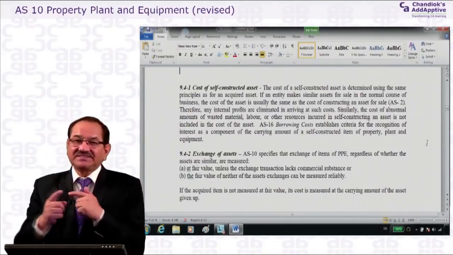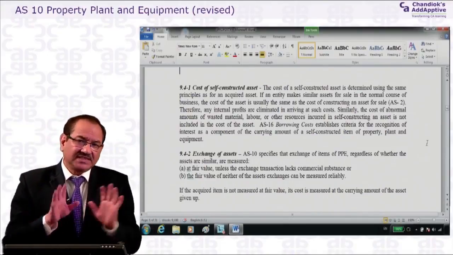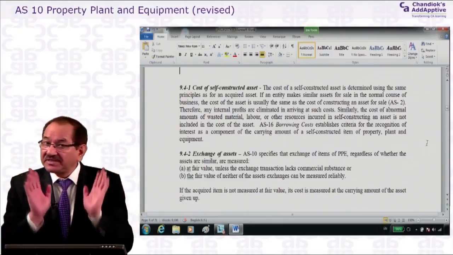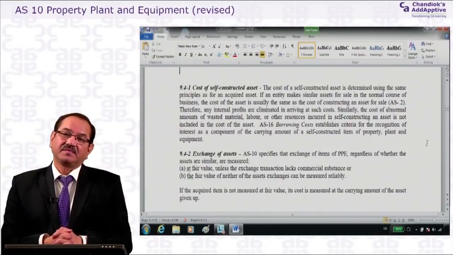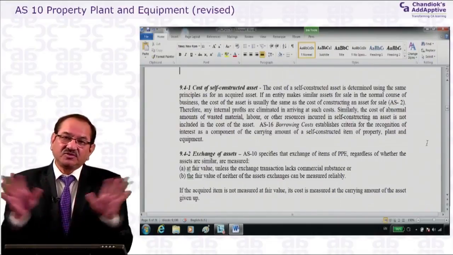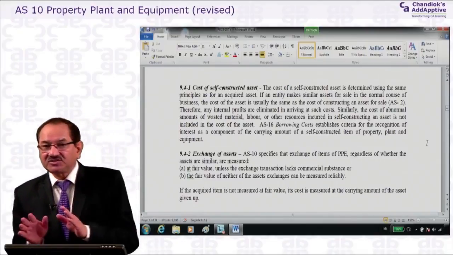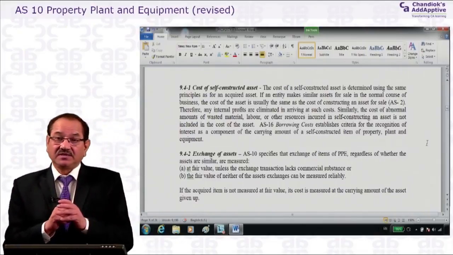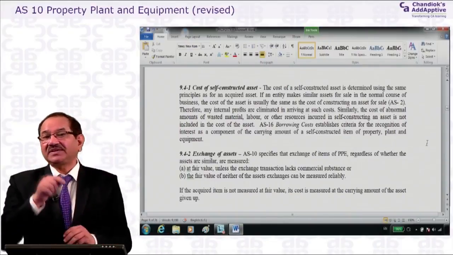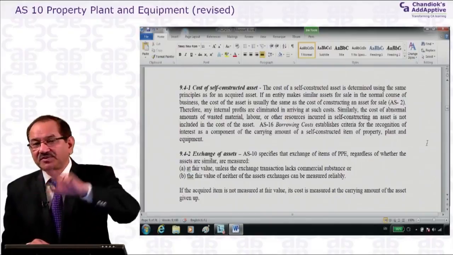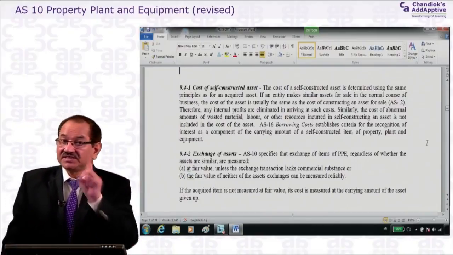Whether the exchange is of similar assets or dissimilar assets, that is not the basis of recognition or measurement. Whereas in the earlier AS 10, it was affecting, and there was a separate principle for exchange of similar assets and dissimilar assets. Here it is only one.